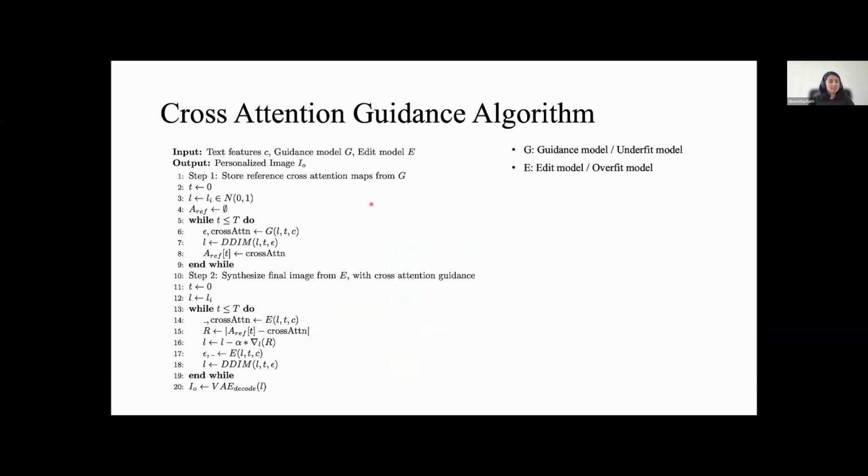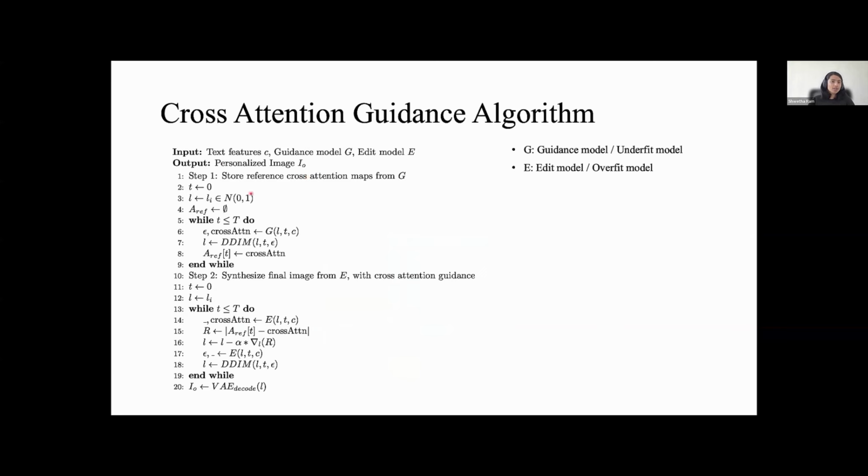Here's the complete algorithm for what we do. So our input is the text features derived from our text prompt. We have a guidance model, which is actually our underfit model. And we have an edit model, which is our overfit model. And the output, of course, is the generated image.